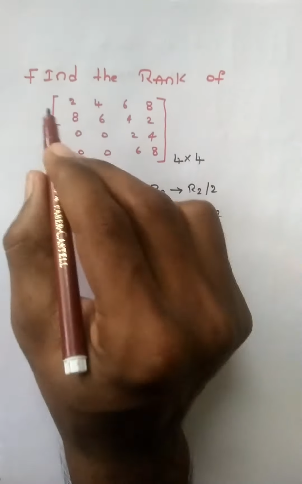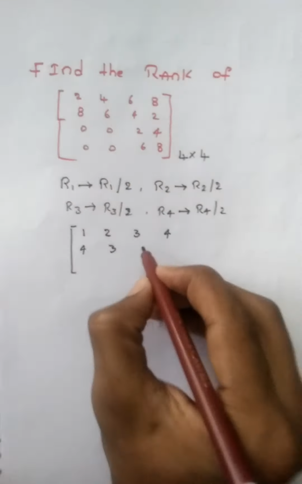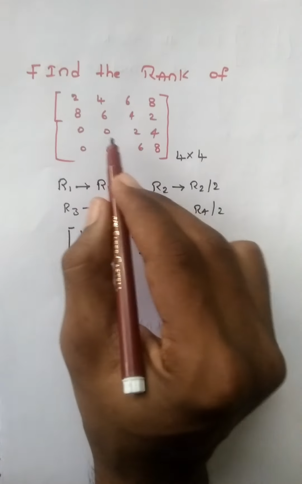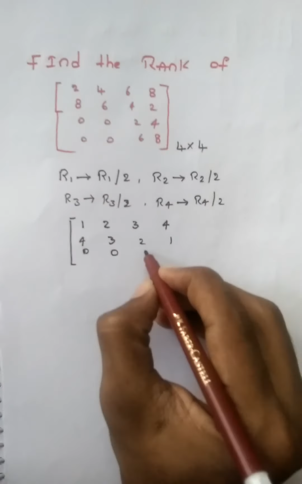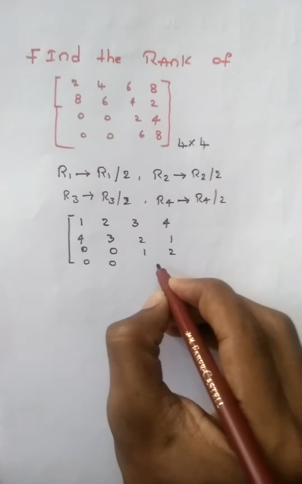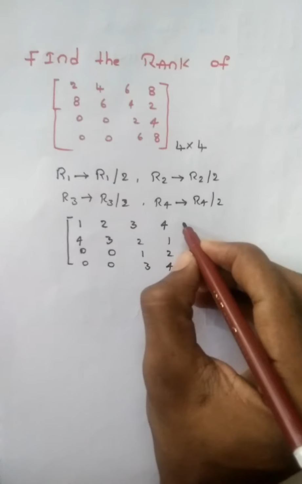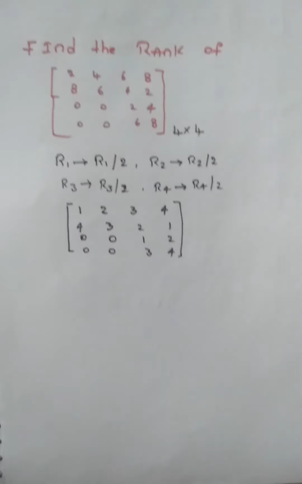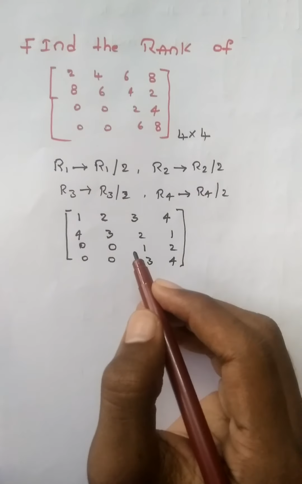R2: 8 divided by 2 is 4, 6 by 2 is 3, 4 by 2 is 2, 1, then 0 0 0 divided by 2 gives 0 0, then 2 divided by 2 is 1, 4 divided by 2 is 2, and 0 0, 3 4. Okay, this is the final matrix we have done here.